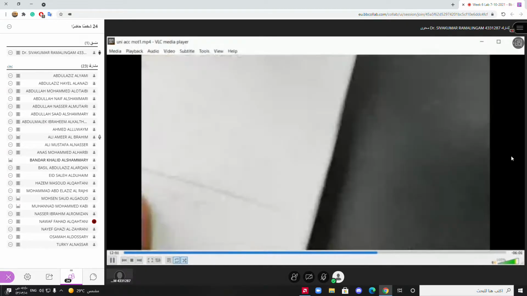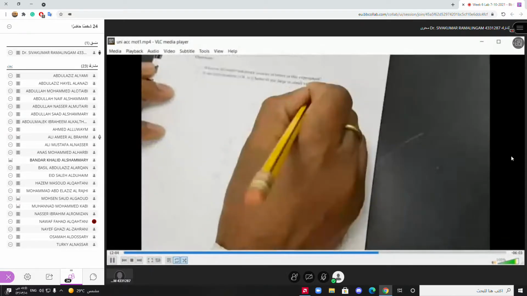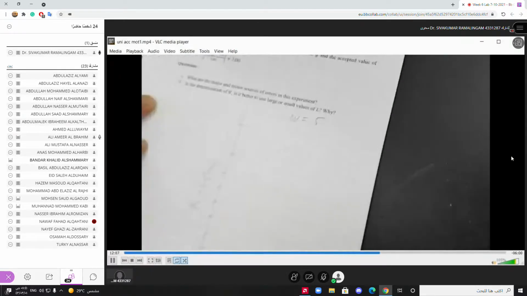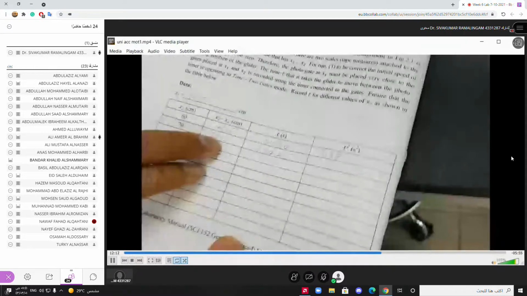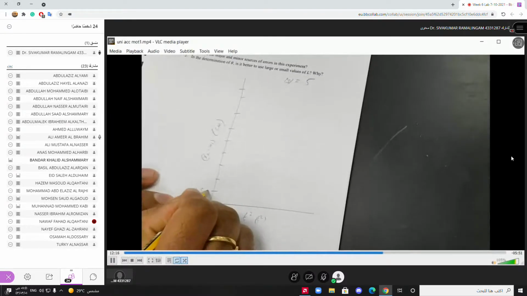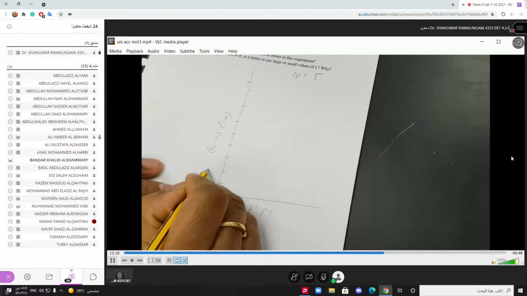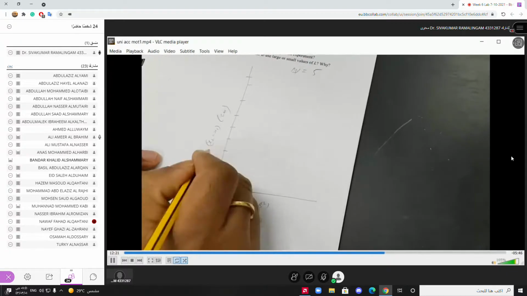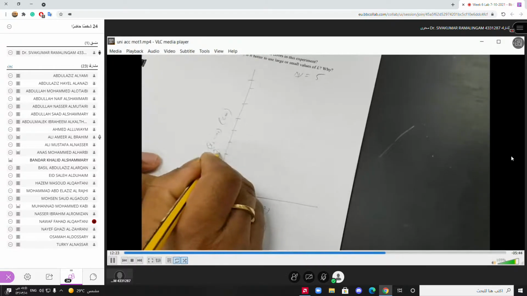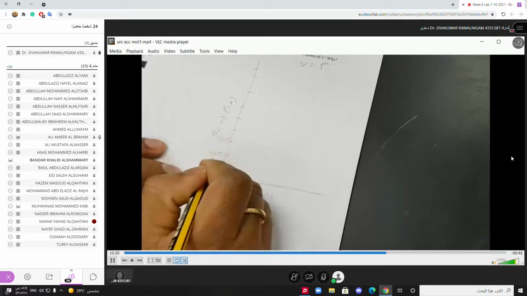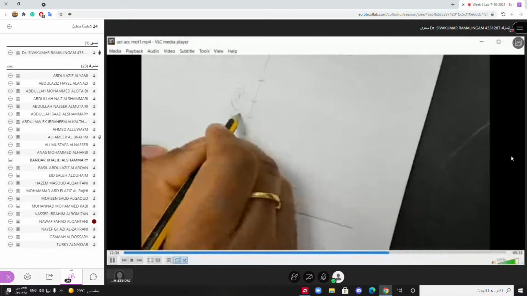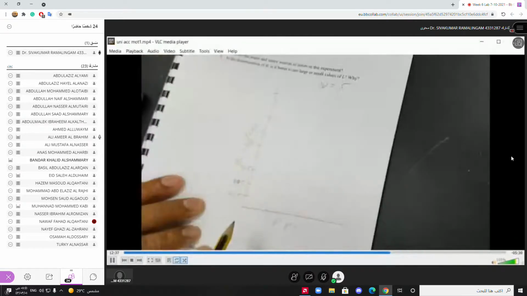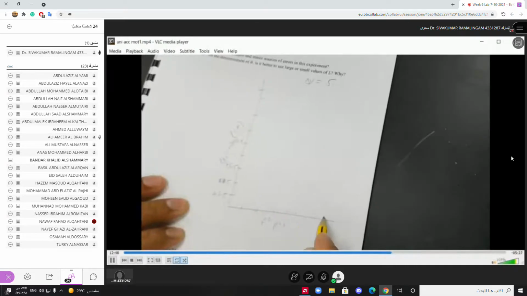I can take delta y as 5. Take this 60. The minimum value is 45.5. Take 45.5, then 50.5, 55.5, 60.5. It keeps going. And similarly, I can calculate the increment here.